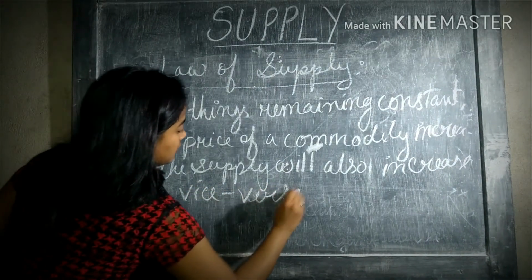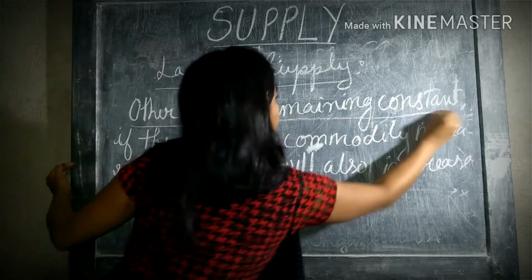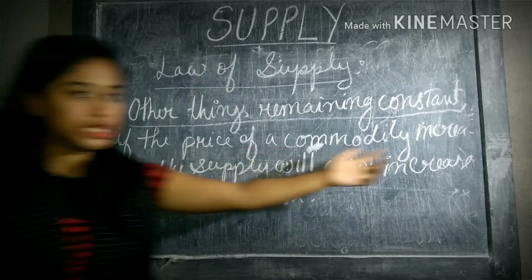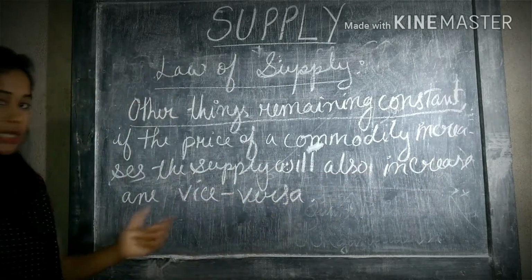So other things remaining constant, if the price of a commodity increases, then the supply of the commodity will also increase and vice versa.